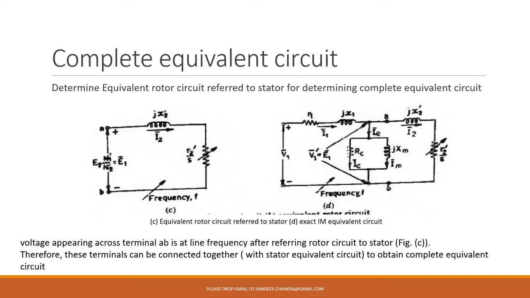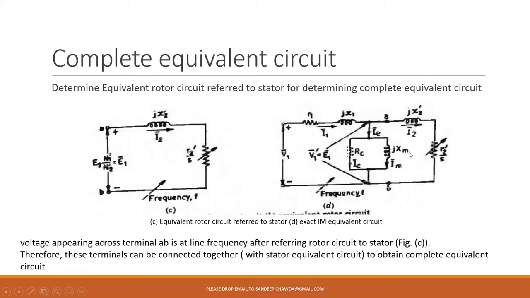The same thing we are going to do here: all the rotor circuit parameters will be referred to the stator side. At that time your transformation ratio, the voltage ratio, is going to play the role. So your referred value of EMF will become this one. These are the referred values. So we have first obtained the rotor circuit referred to the stator side. Now you can club it, since both circuits are with you.